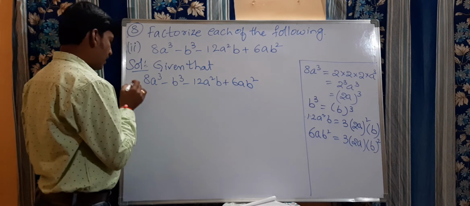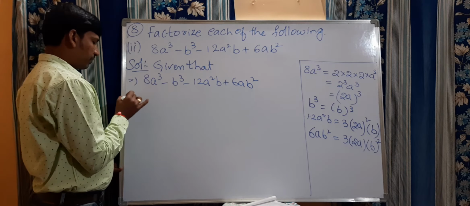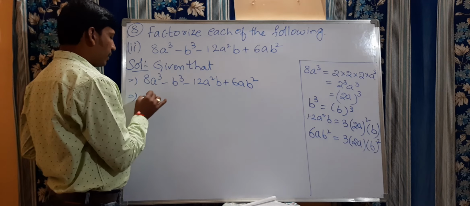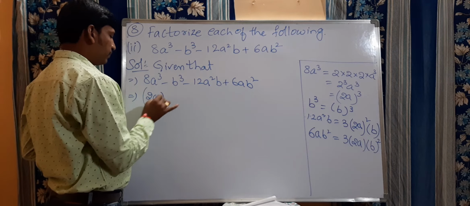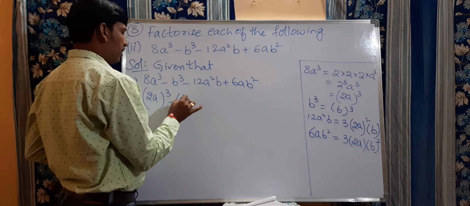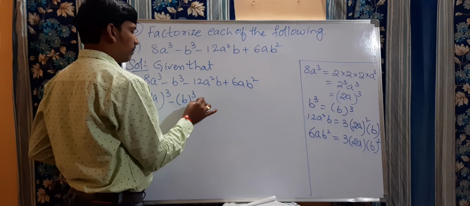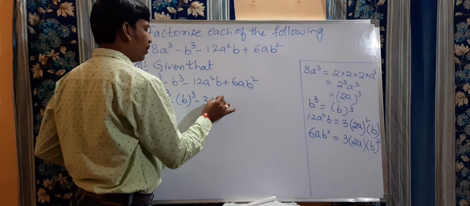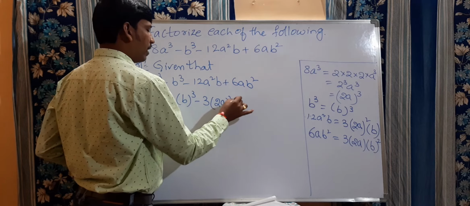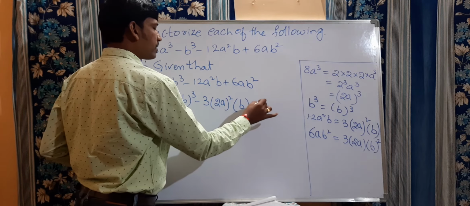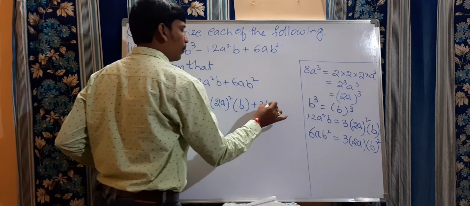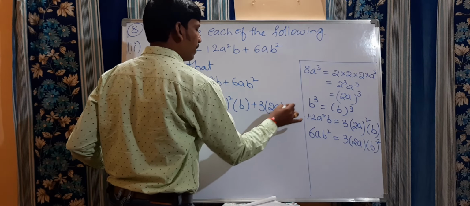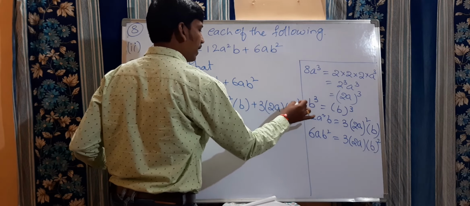Now substitute those 4 terms in the place of 8a cube, b cube, 12a square b and 6ab square. Which implies 8a cube is nothing but 2a whole cube minus b whole cube minus 3 into 2a whole square into b plus 3 into 2a into b whole square. Clear?